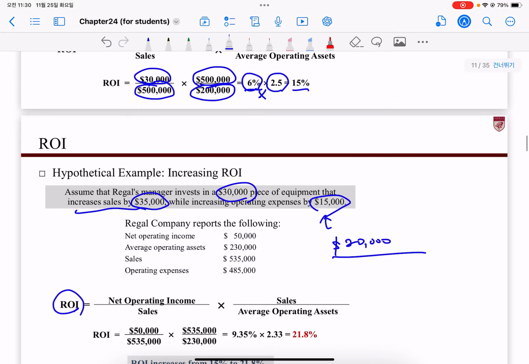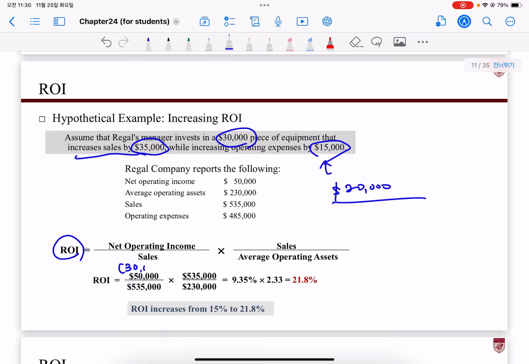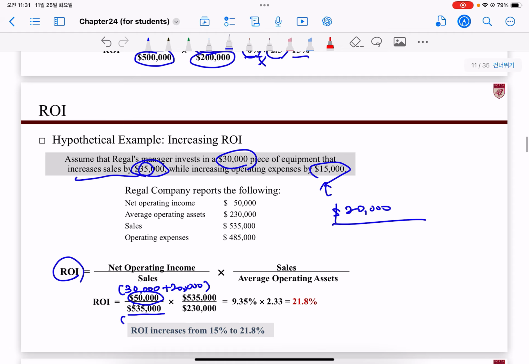Instead of 30,000 as income, we now have 30,000 plus 20,000, which is 50,000. Sales also increased by 35,000 from 500,000, so 500,000 plus 35,000. That is the first part. The asset turnover is going to be 535K divided by assets increased by 30,000, so 200,000 plus 30,000 is 230,000.